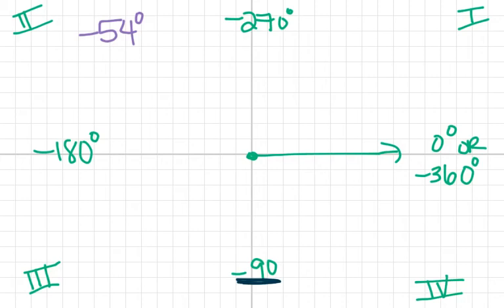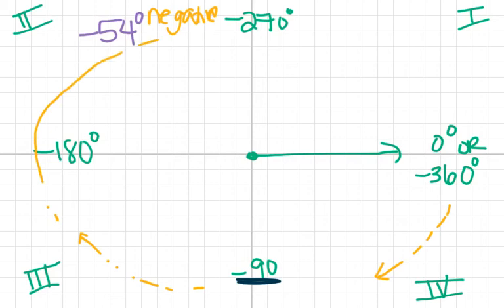Why? Because if we're starting at 0, a negative angle goes in the other direction. So now our angles will be going in that direction, rather than the other direction that we've been doing.